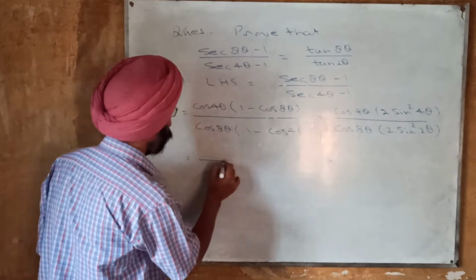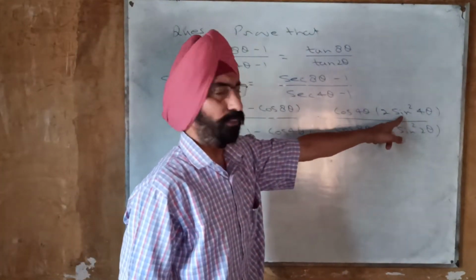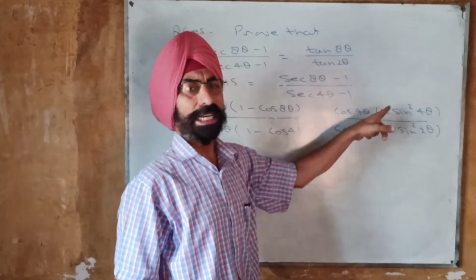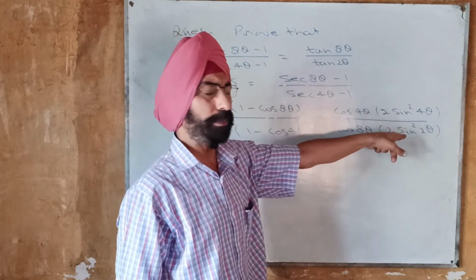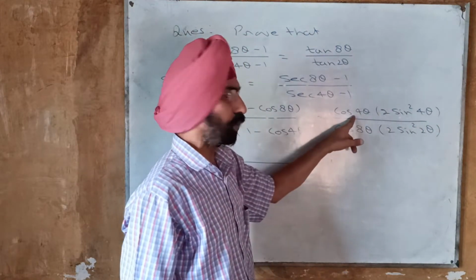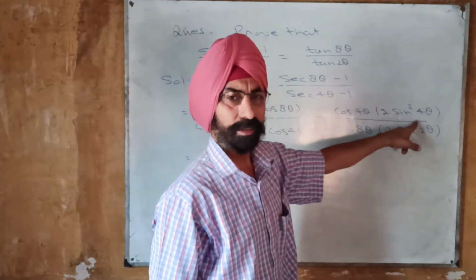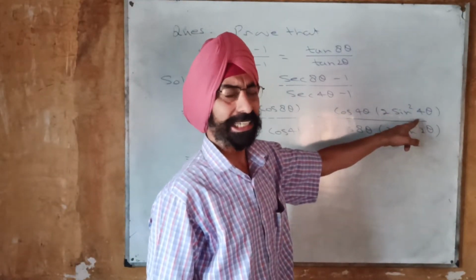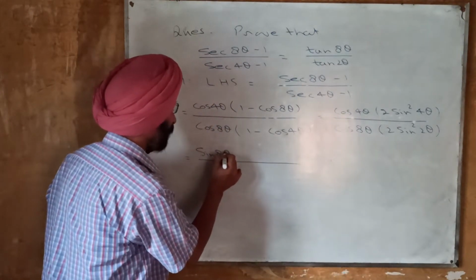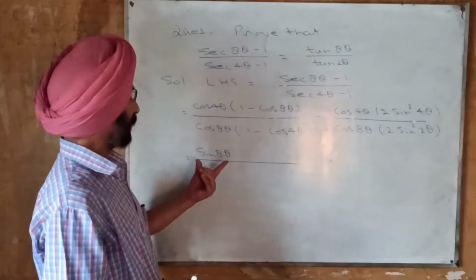So now what we have to do: this sin square 4 theta, we will separate into two sin 4 thetas because they are multiplying. So 1 sin 4 theta I am taking with this 2 cos 4 theta. So 2 cos 4 theta sin 4 theta will become sin 8 theta, because we know the formula that 2 sin A cos A is equal to sin 2A.